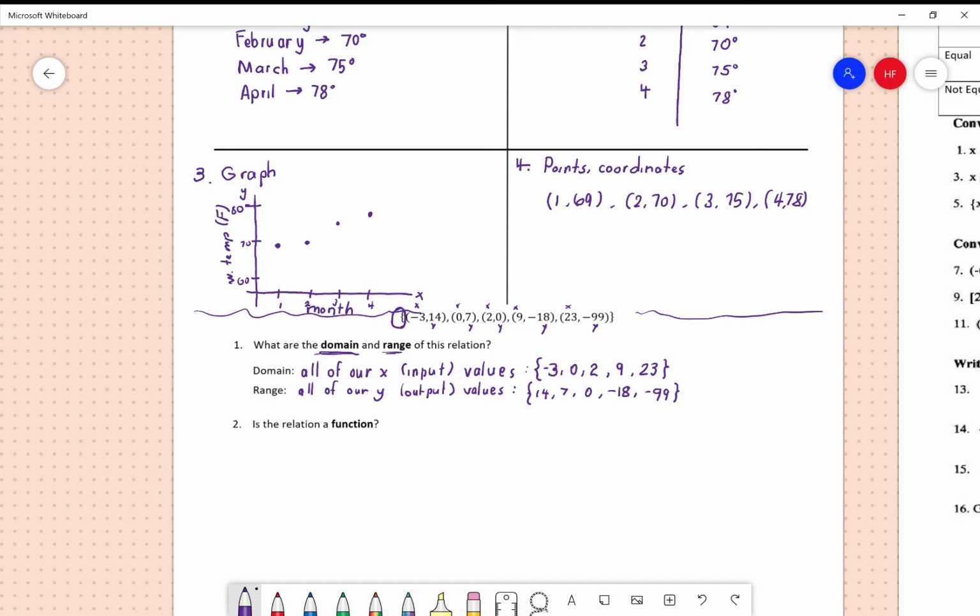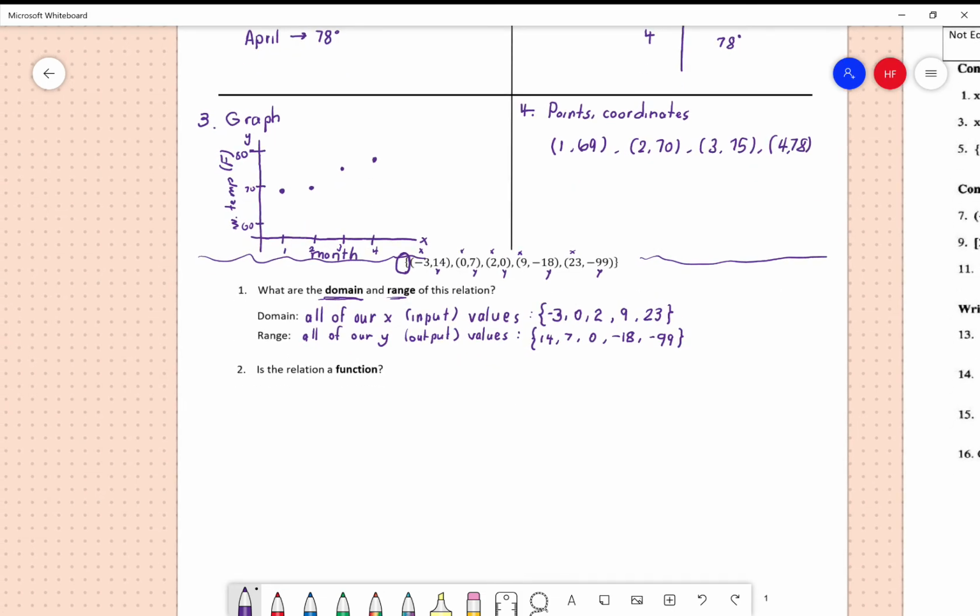So then it says, is the relation a function? So here's the key question. How do I know when something is a function? Any relation is a function when our x values do not repeat.